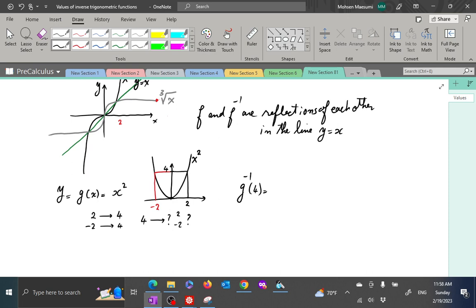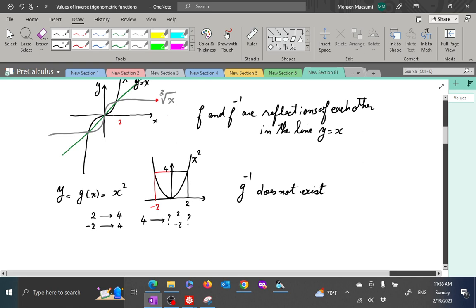Well, there's no reason to pick one over the other, and for that reason we say at the beginning that g inverse does not exist, because we cannot make up our mind. Well, that's unfortunate. We like to take square roots.